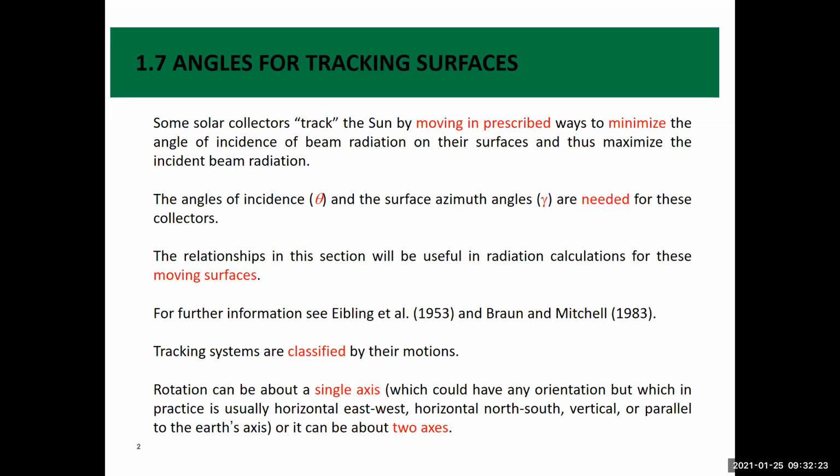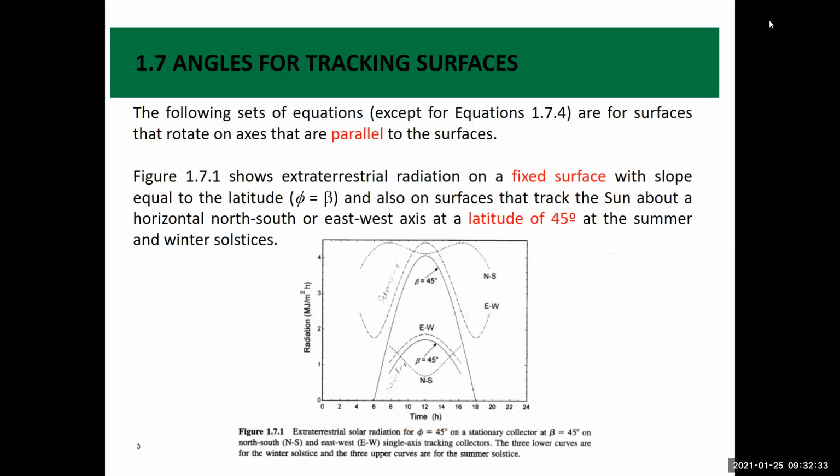So it depends on what you want: a single axis, or a two-axis system, which is tracked by moving in two directions. We have a set of equations that provide that kind of information for the parallel axis.